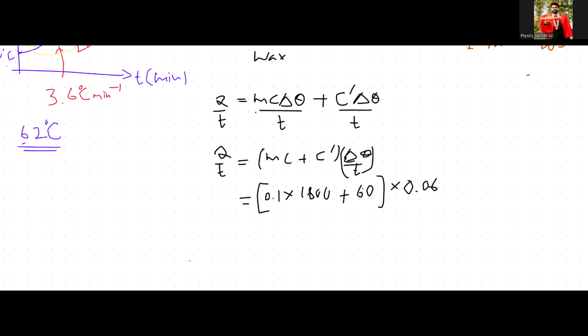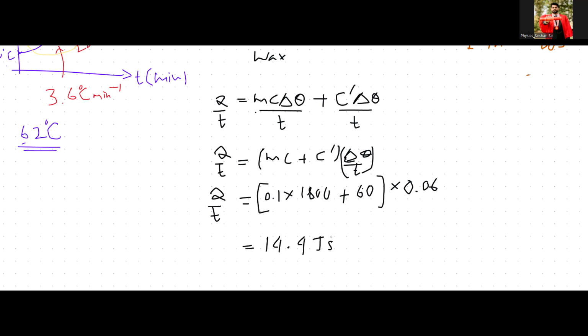Now here we have what? Here we have Q over t. Here we can simplify this one. Then the answer is 14.4. It is actually joules per second, or we can say watt. This is actually Q over t.